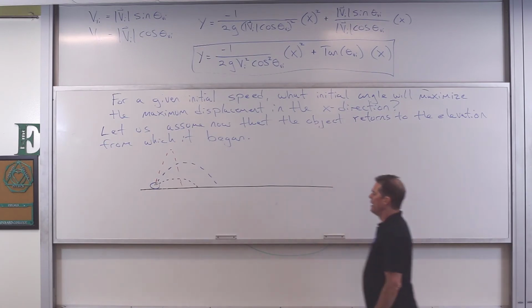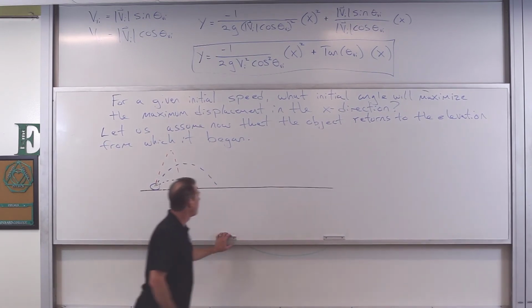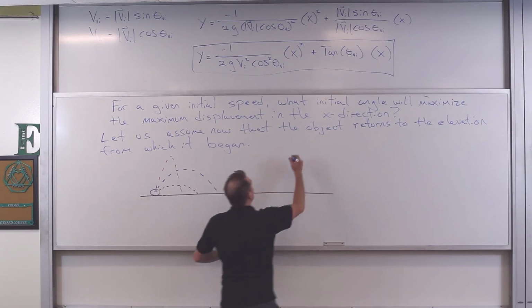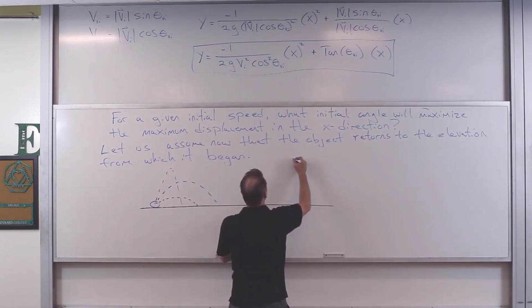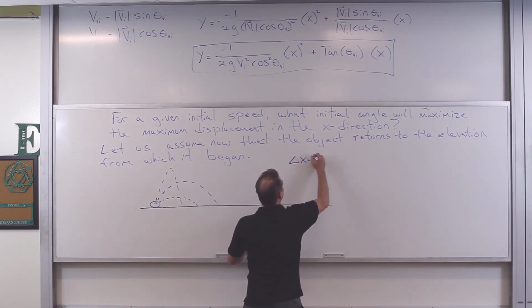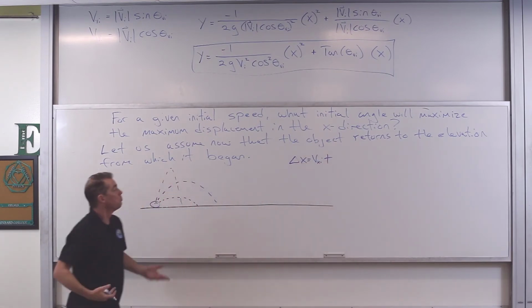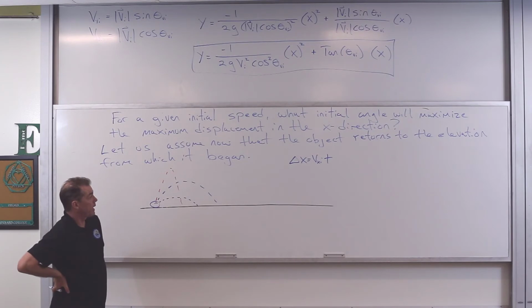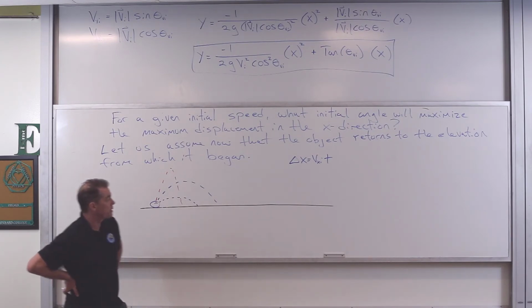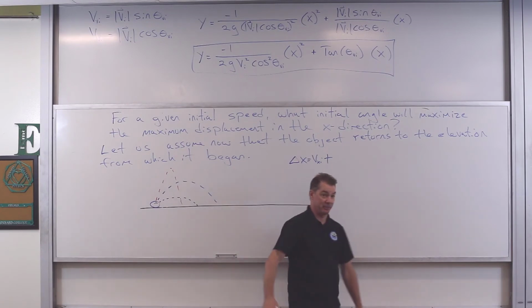So let's do that. So what do we have? Well, we've got that delta x is equal to Vx initial times t. That's good. What else do we have? Well, we've got delta y is equal to Vx initial times t. Excuse me, Vx initial times t.